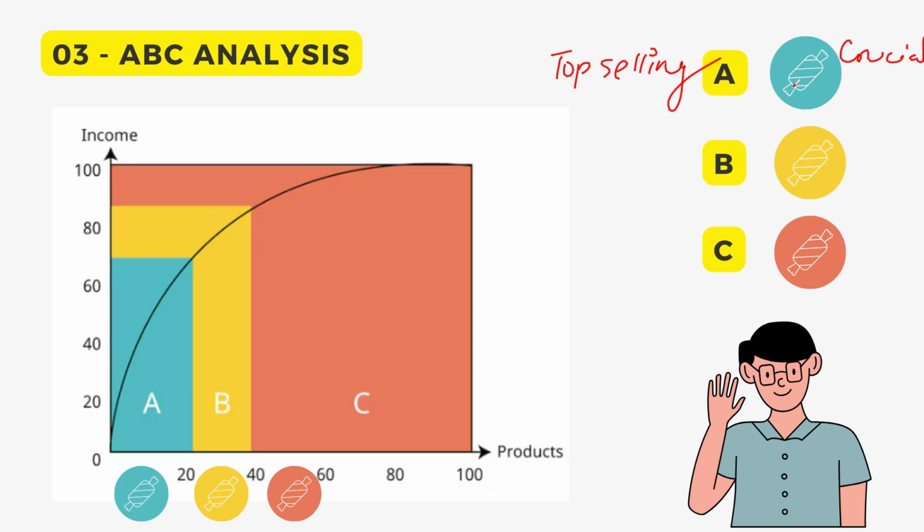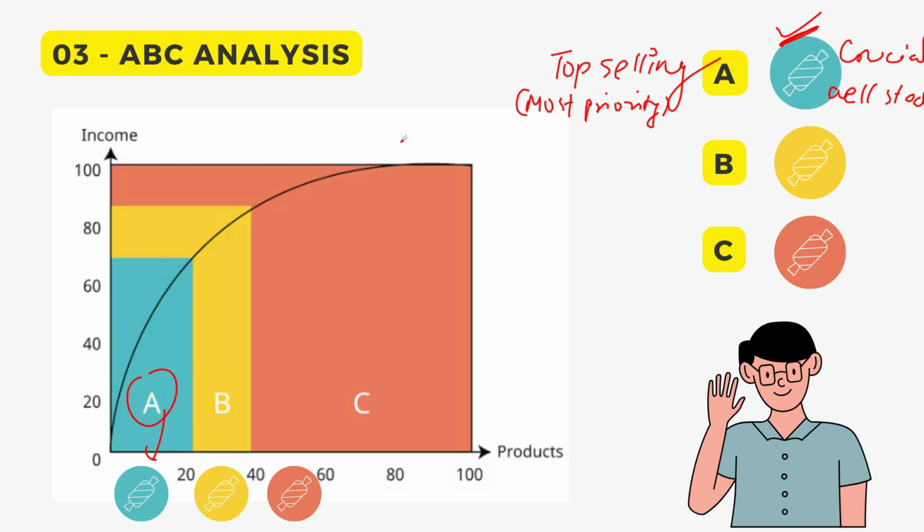So Ali ensures that these products are always well stocked and prominently featured in his marketing efforts. So he is giving most priority to these toffees. This is depicted with a blue sign. See over here.